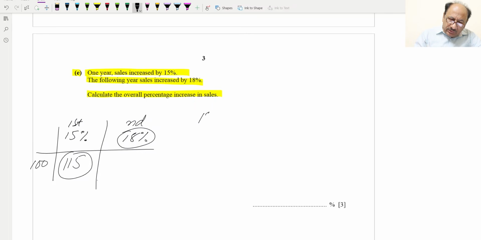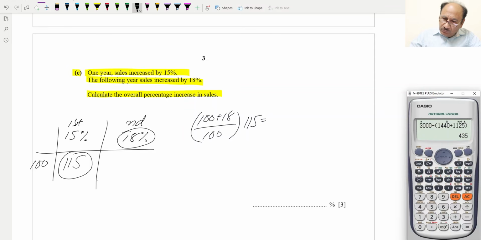We can write 100 plus 18 over 100 of 115, and this will be equal to the fraction 118 over 100, and if it is a decrease, then we are subtracting. Hopefully you know this, and this is equal to 135.7.